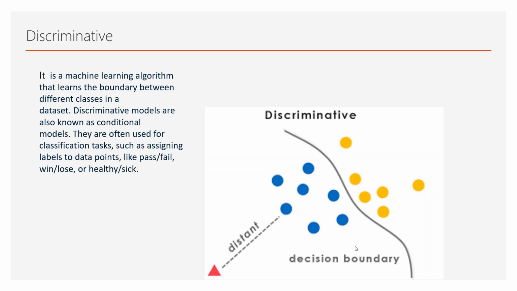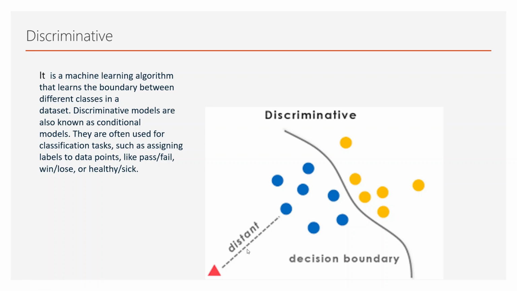Let us learn in detail about the discriminative model. Discriminative models learn from the relationship between the labels of your data points, so they have the ability to classify those data points. For example, I have some data of students.